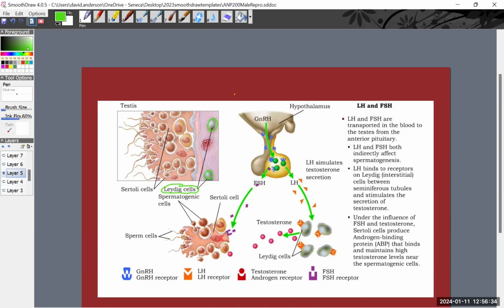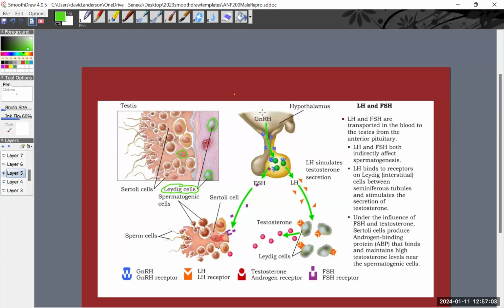Sertoli cells surround, their cytoplasm surrounds the cells undergoing spermatogenesis. This is the nucleus of our nurse cell and the nucleolus. So there's a process of spermatogenesis going on here. Spermatids, spermatozoa, lumen of the seminiferous tubules, delivery to the epididymis.